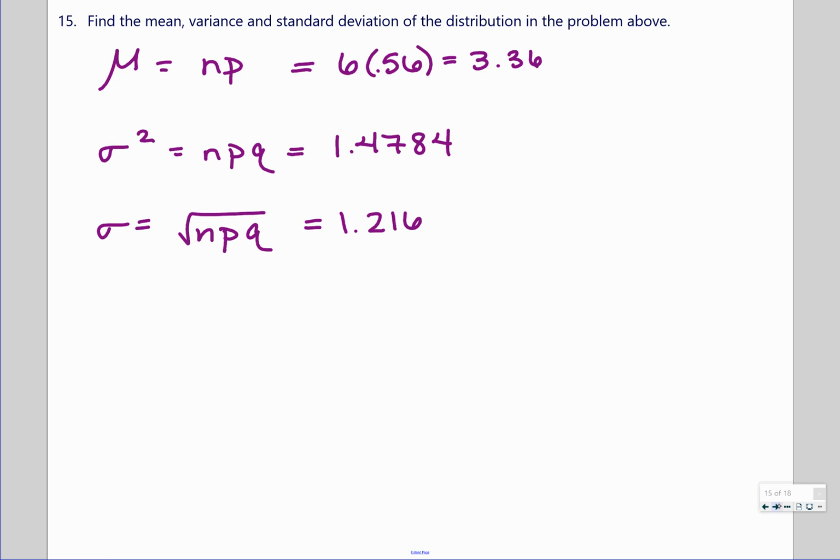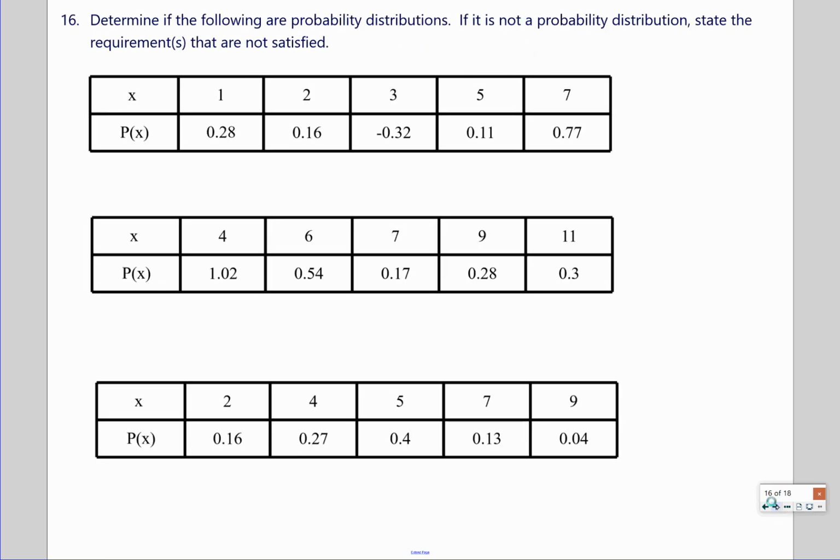Okay. Number 16 is just looking at these probability distributions and determining if we have a probability distribution or not. So remember, there were two conditions here. Each individual probability needed to range between 0 and 1, 0 being impossible, 1 being certain, and then all of your probabilities need to add to 1 as well for it to be a probability distribution.